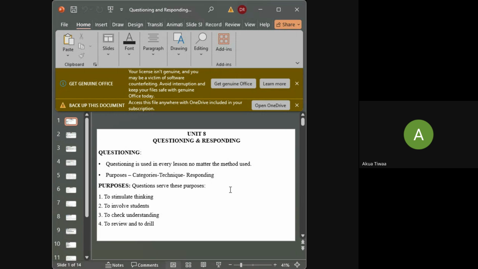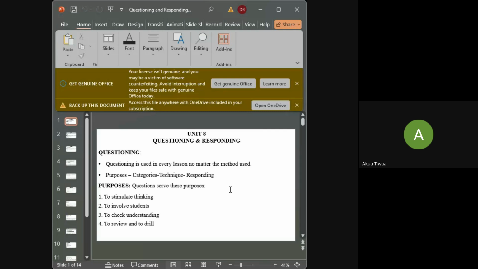So in questioning, we ask questions for a number of reasons. As I'm saying, in every lecture, you need to question, and there is a reason why you are questioning. So the purposes of questioning: one, it is supposed to stimulate thinking.